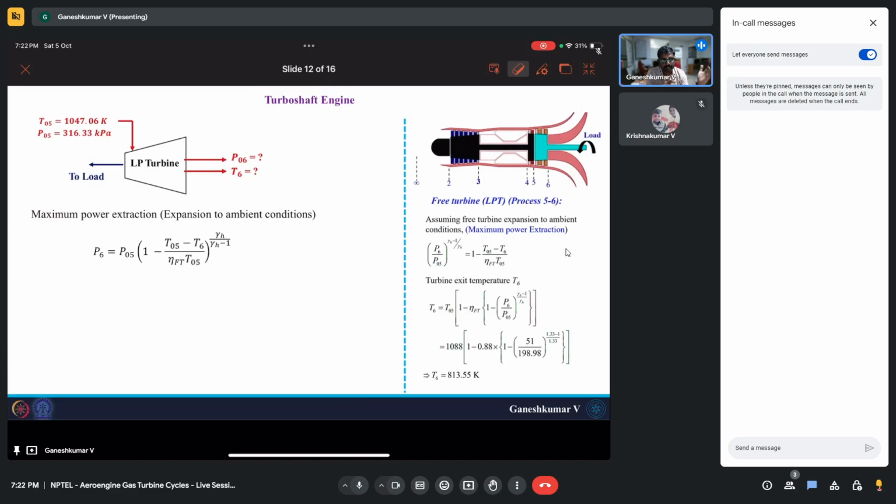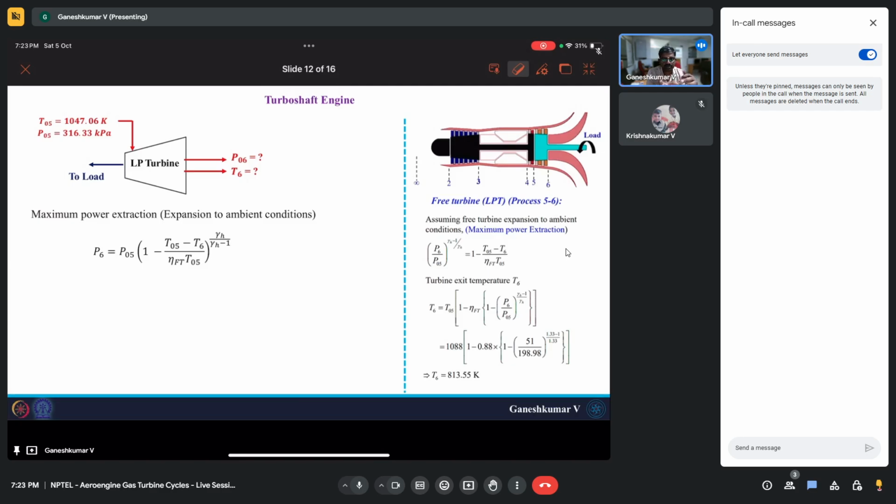If you have a pressure mismatch at the free turbine exit, the gases are going to rush inside, and you're not going to get proper expansion. This rushing in will happen until there is ambient pressure, and hence the maximum power that can be extracted out of this turbine is upon expansion only till ambient condition.